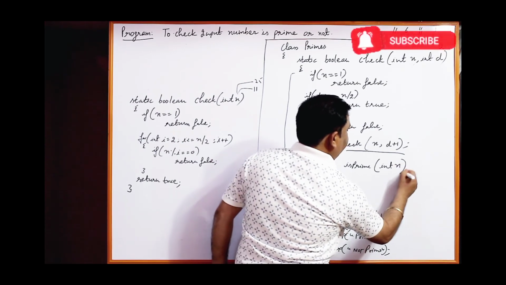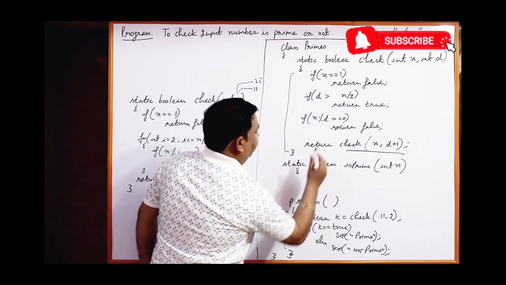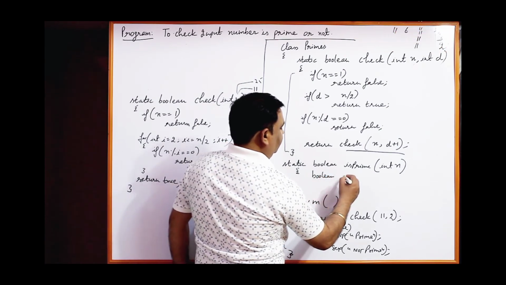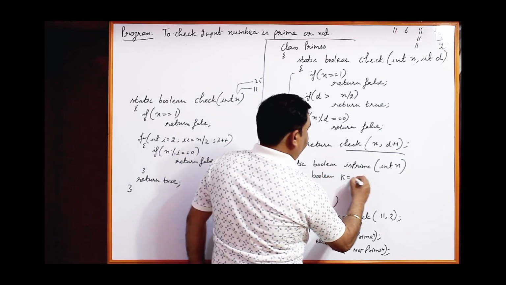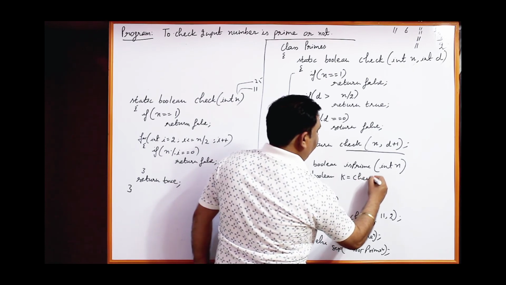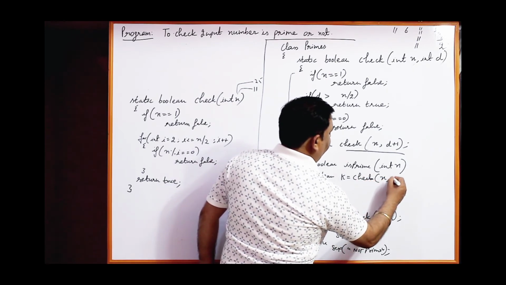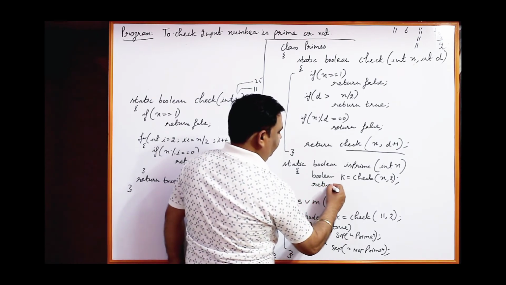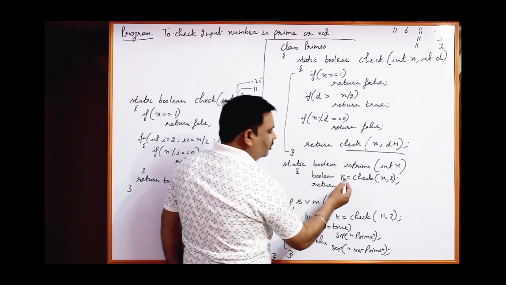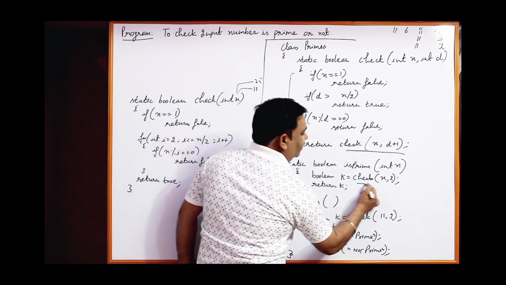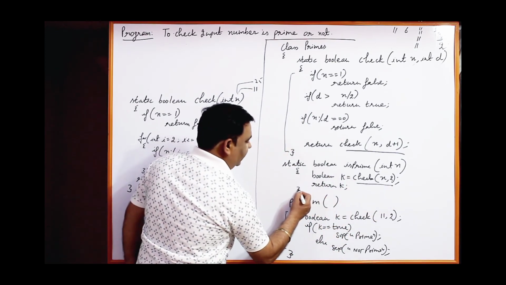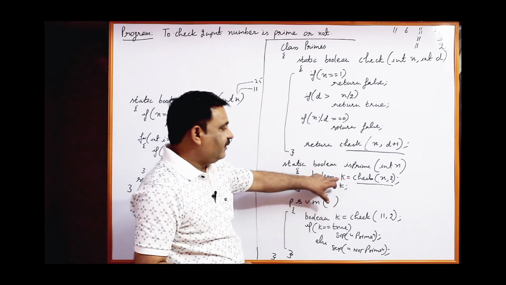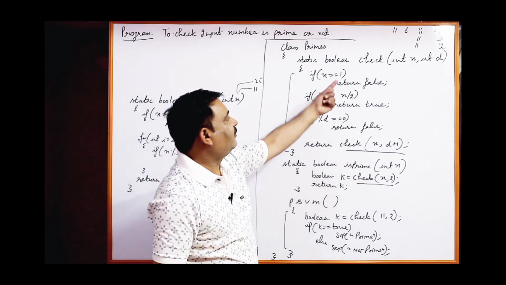We will not pass anything else, only the number will be passed, and we will call this function: boolean k equal to, the function name is check, n comma 2, and finally we will return k. Instead of storing in k, we can also write return check. This we can also write, but I have split this single statement into 2 parts. Okay, k will be either true or false when we call the check function from here.